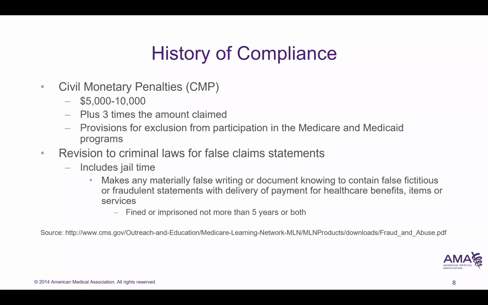This also makes jail time possible, especially if somebody is engaging in deliberate false claims in order to get government funds, as a violation of the False Claims Act, which we'll talk about in a little bit.